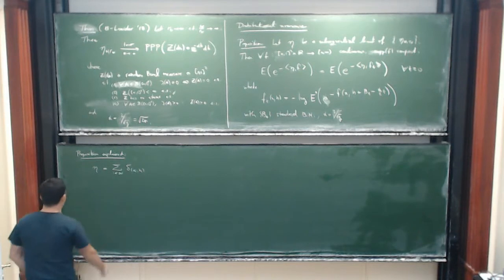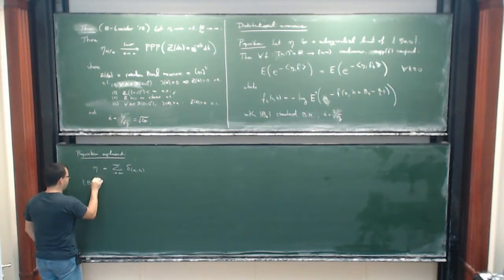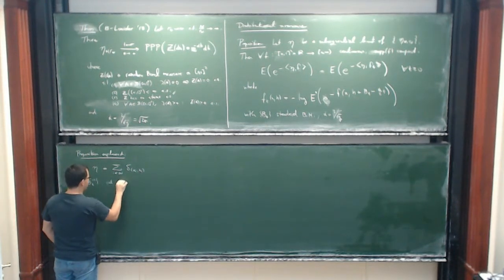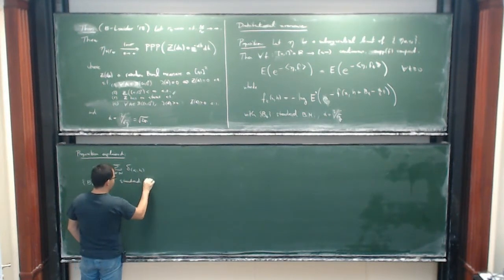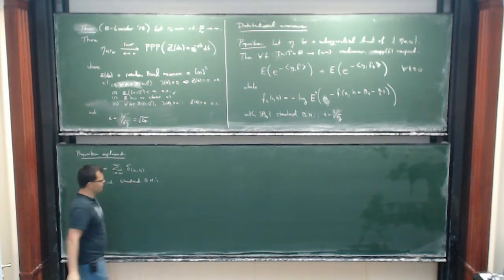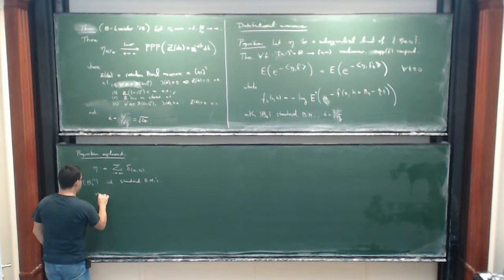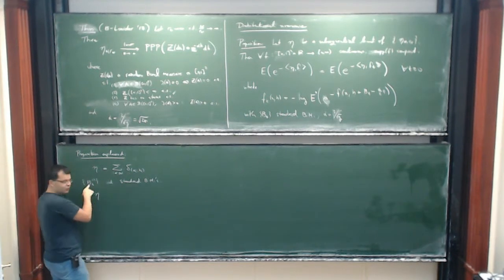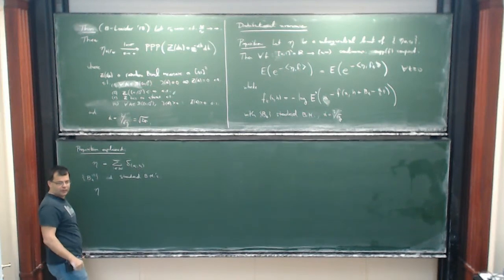Now let me do the following. Let the B_t^i be IID standard Brownian motions. Okay, let me do that. And now let me simply add the corresponding diffusion generated by the standard Brownian motion to the h coordinate of the ith point.